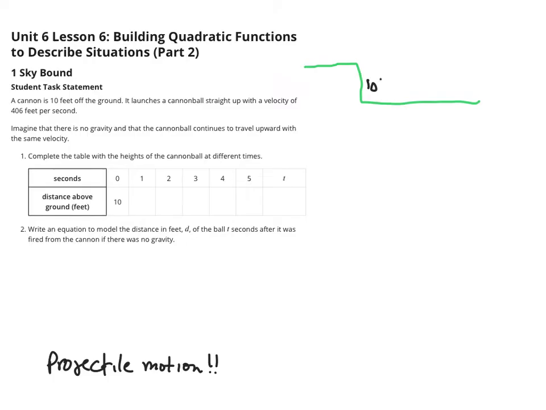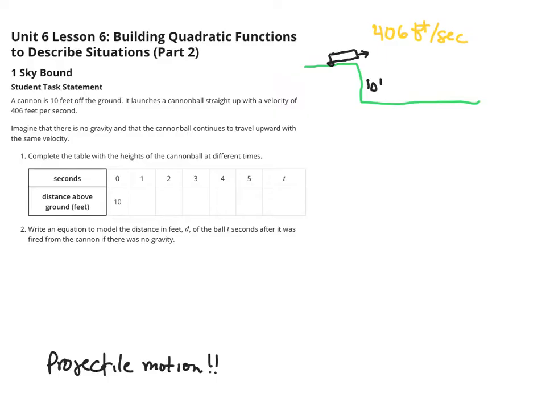So that's 10 feet. And a cannonball. So our velocity is 406 feet per second.